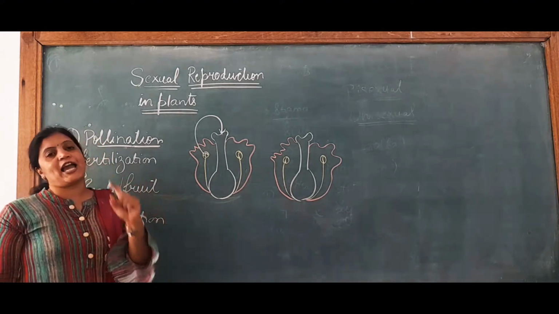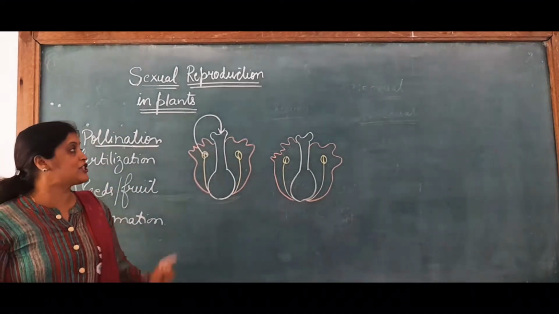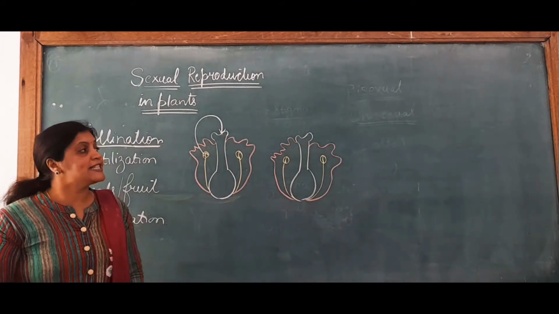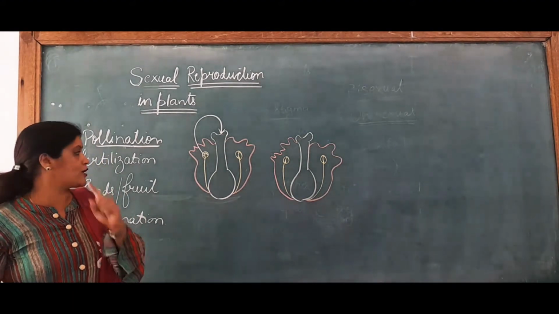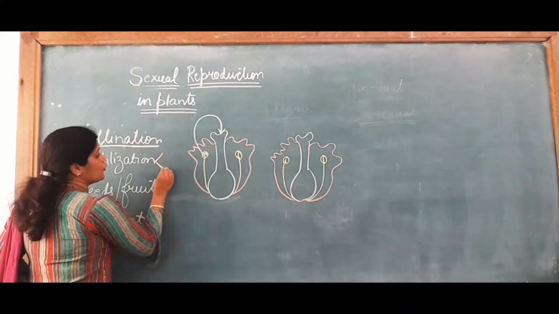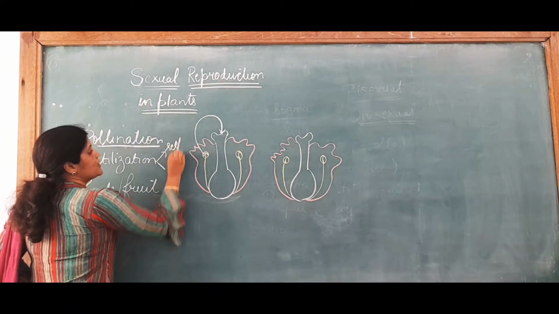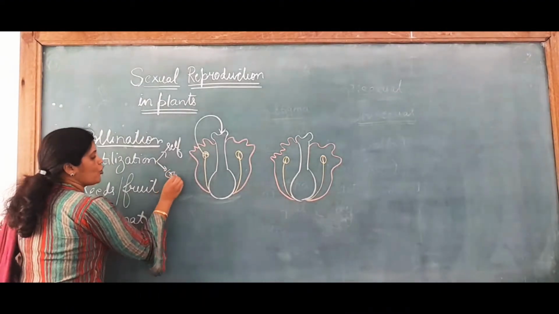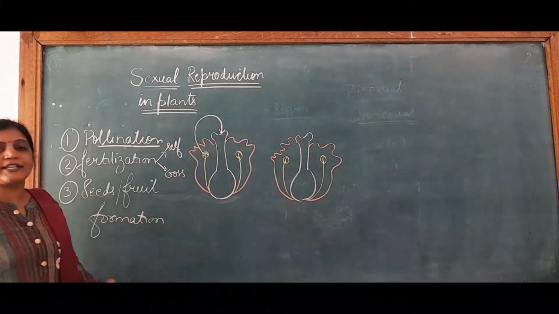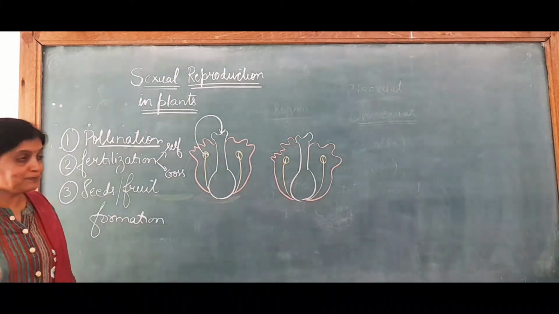Now pollination can be of two types: self-pollination and cross-pollination.